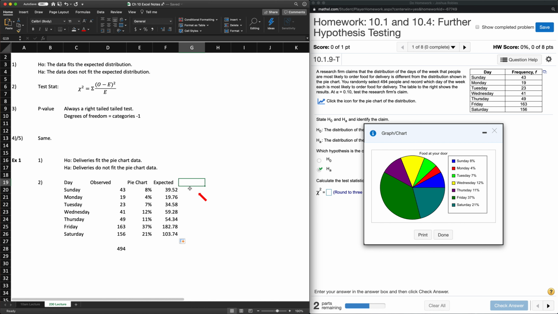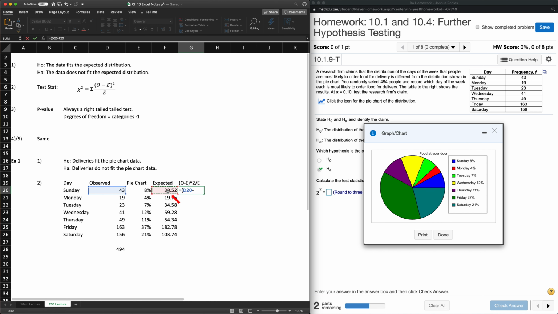So now to get the chi-square test statistic, we're going to calculate observed minus expected, square that, and divide by the expected. So our observed value was 43 on this day, Sunday. We expected 39.5.